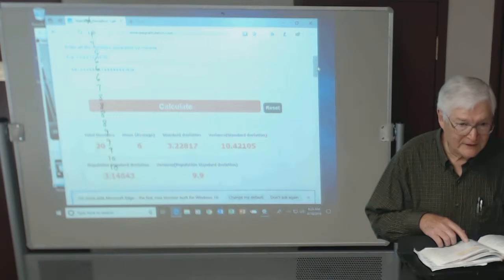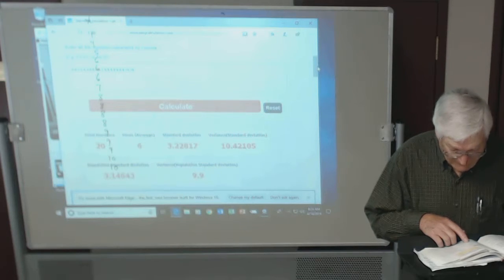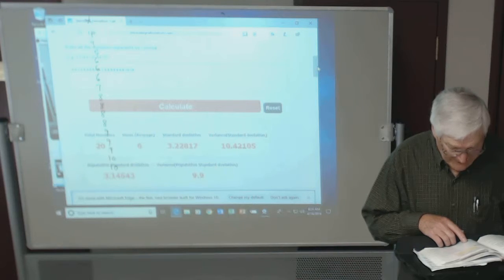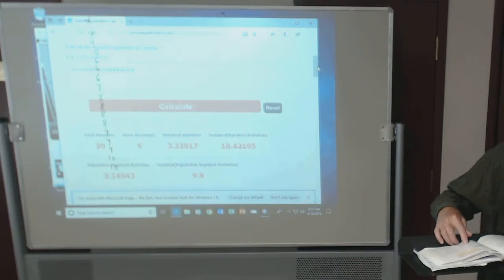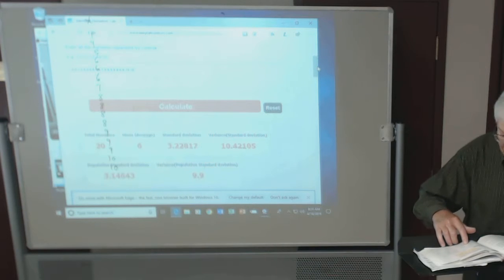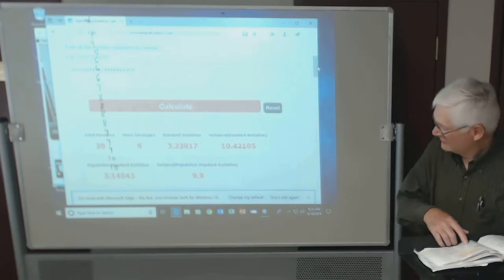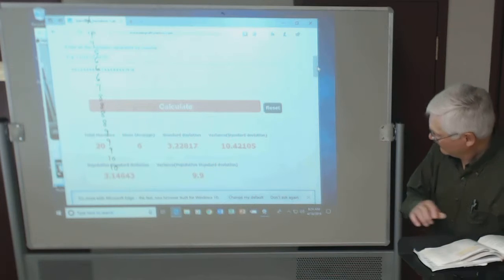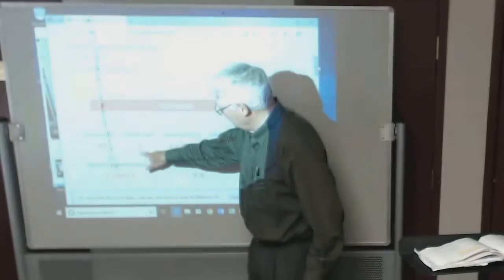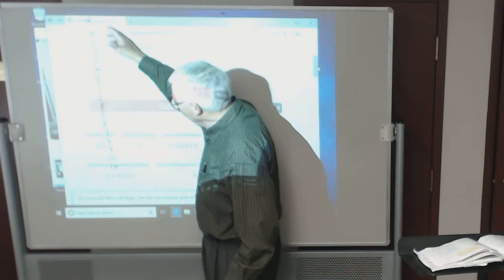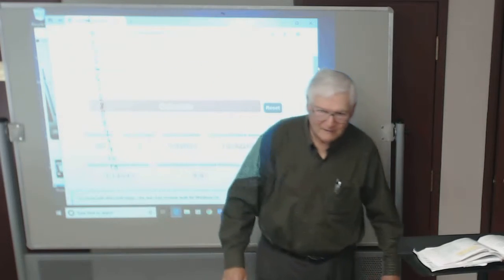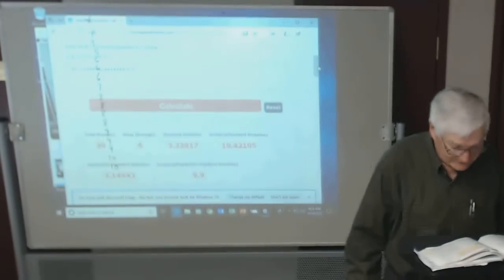Add 6 and 7 together and divide by 2. 6.5. What did it say the mean was on our calculation? The mean is 6. Which means if we added all those scores together and divided by 20, we would get 6.